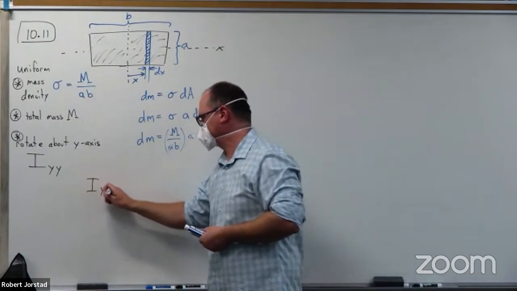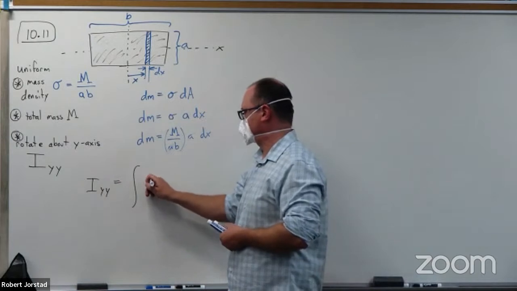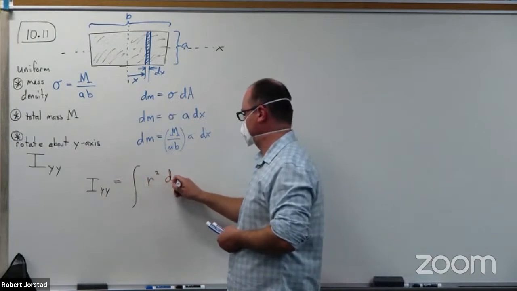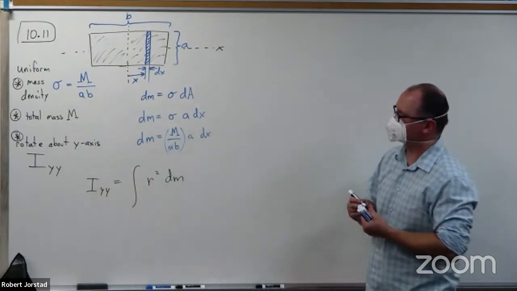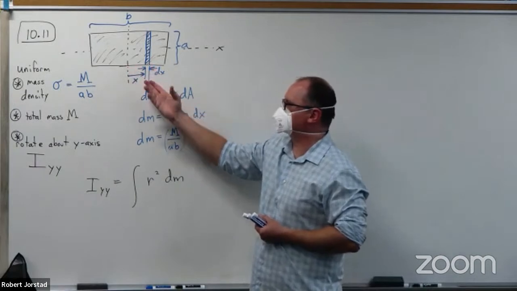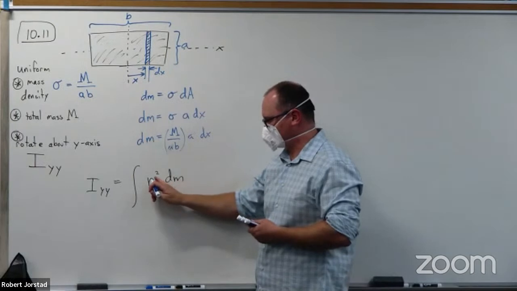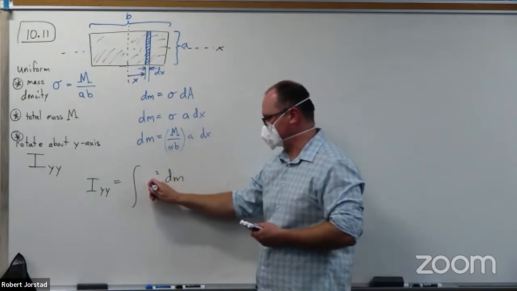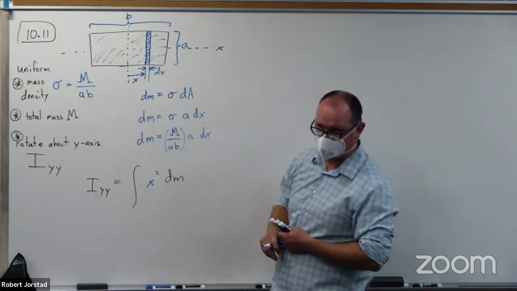I equals the integral of r squared dm. R means distance from axis. How far is this slice from the axis? x. So in this problem, r magically becomes x. dm becomes all that junk.